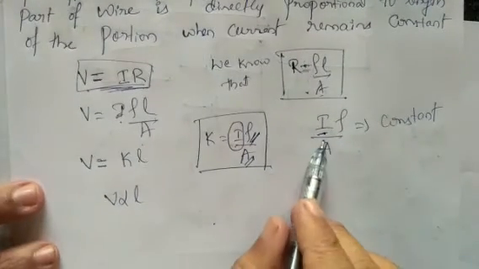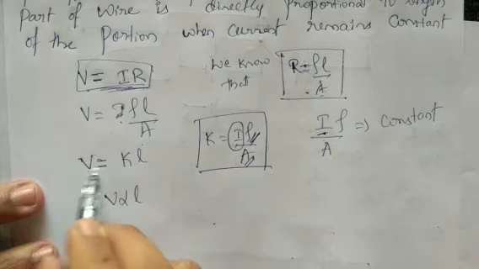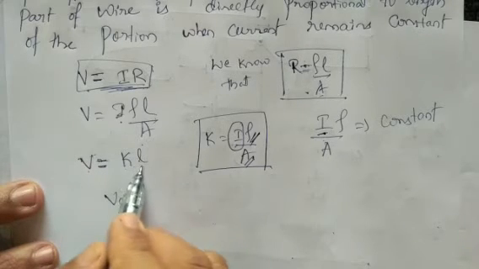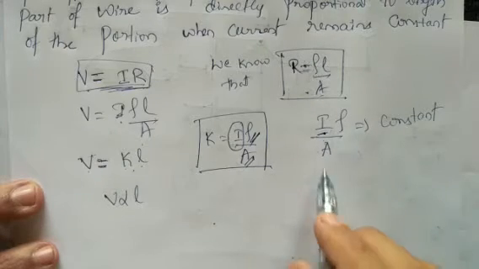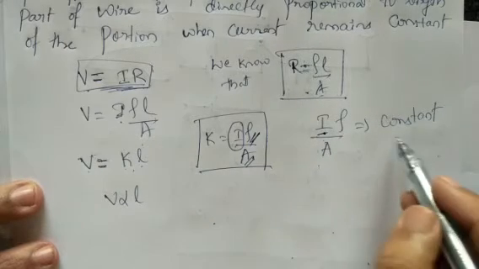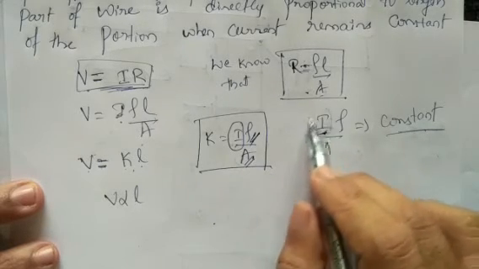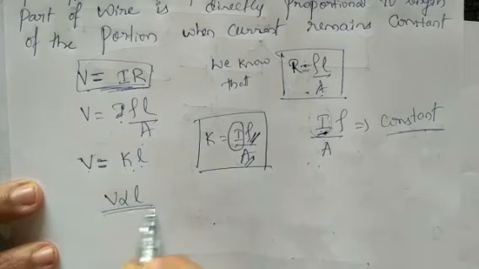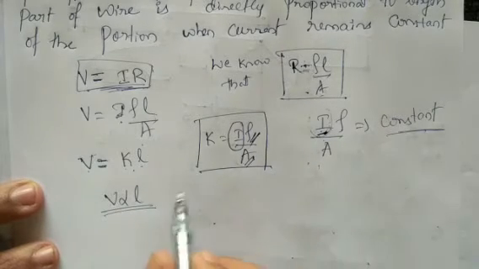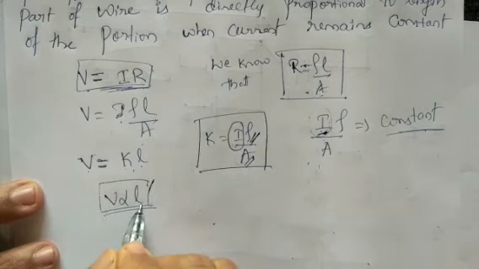So we can write V = K L, where K includes I into rho divided by A, and the whole constant is taken because the electric current remains constant. If the constant is cancelled out, we can observe V is directly proportional to L. So what does it mean?